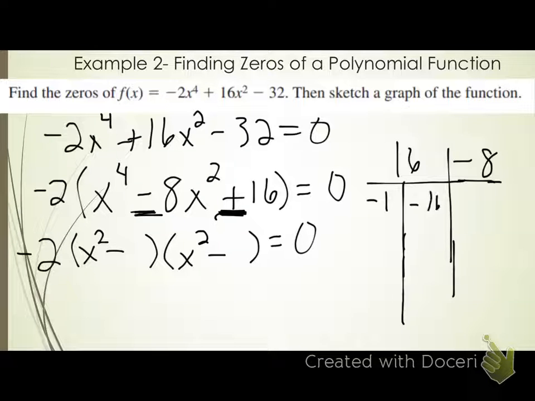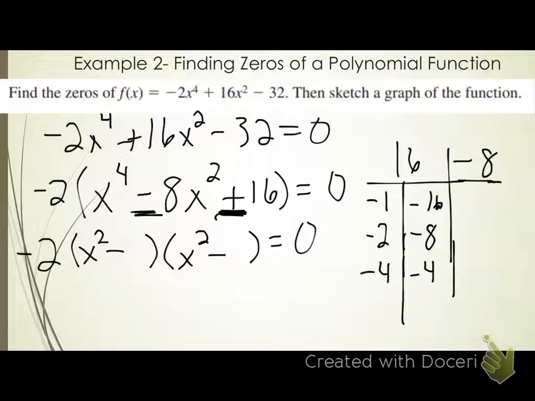Negative 1, negative 16. Jordan. Negative 2, negative 8. Yes. 4 and 4. Negative 4, negative 4. Are there any more? No.